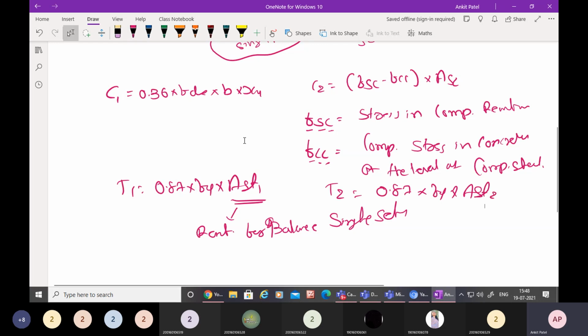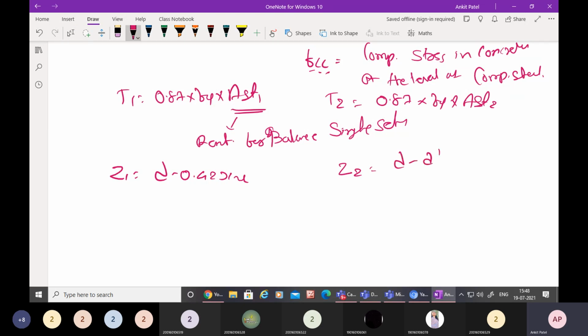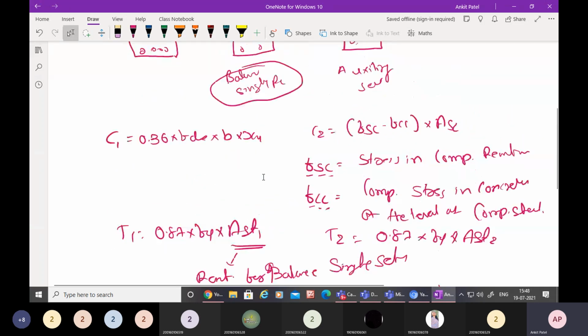Clear? In this way you can determine each and every term. In the same way Z1 is nothing but d minus 0.42 times xu, and Z2 is nothing but d minus d'. Clear till now? These formulas you need to understand very well.